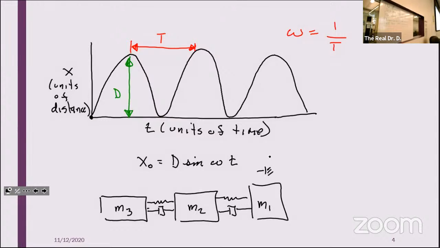This has some Z1, this has some Z2, and this has some Z3. These are all K and B, K and B. Our input here is X0, which is a sine wave.